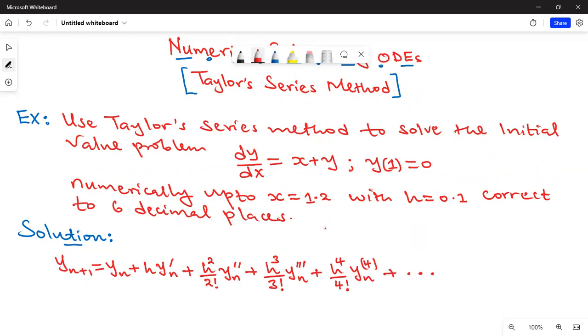Remember, the derivation of this formula, you can find it from my PDF notes.